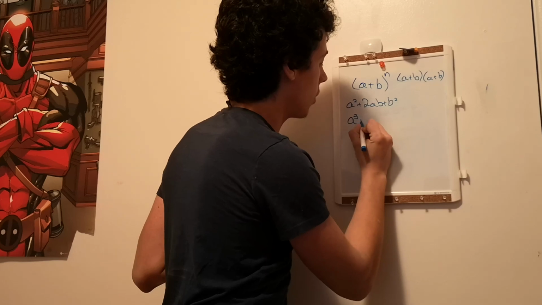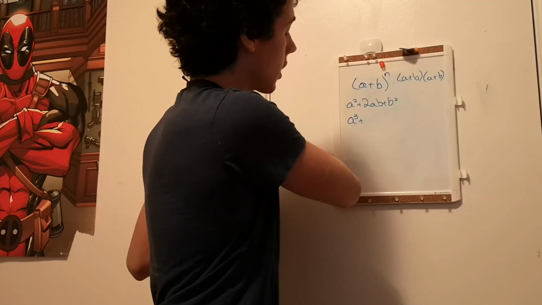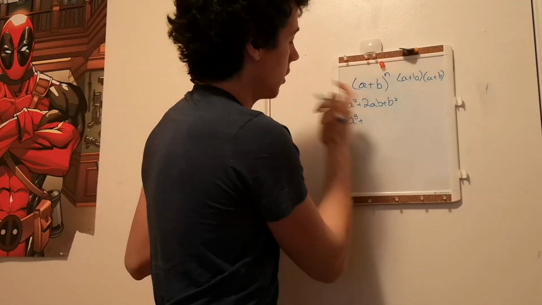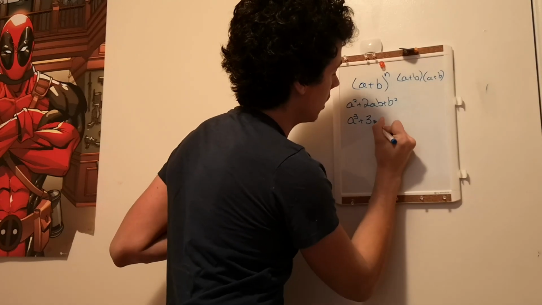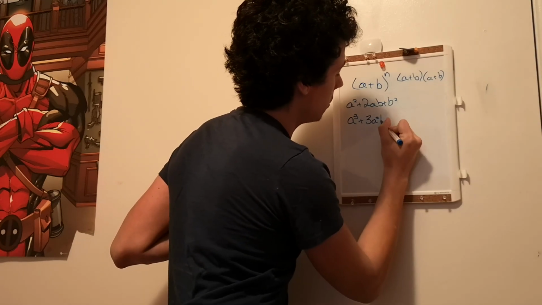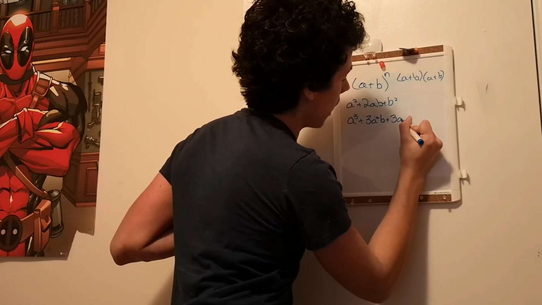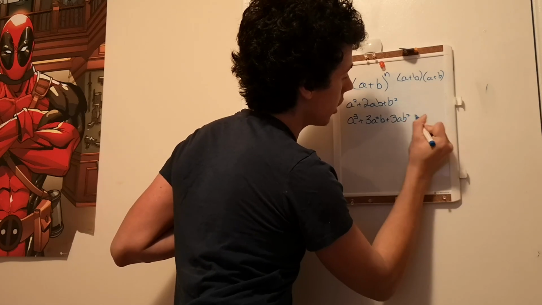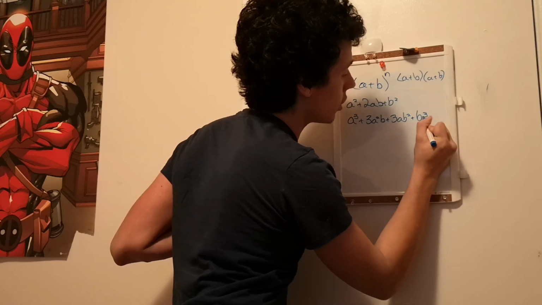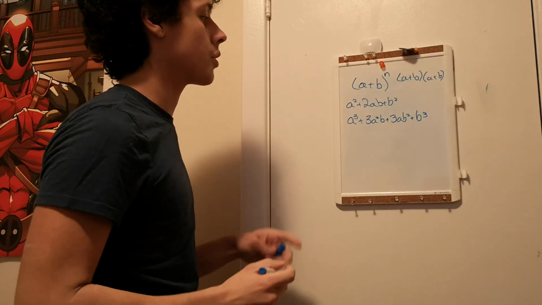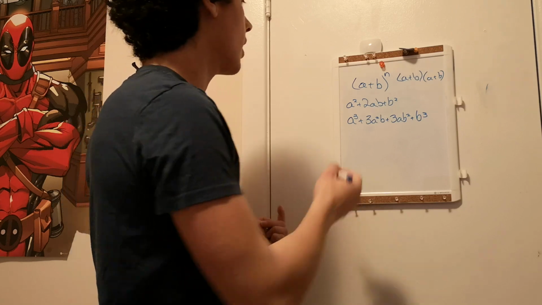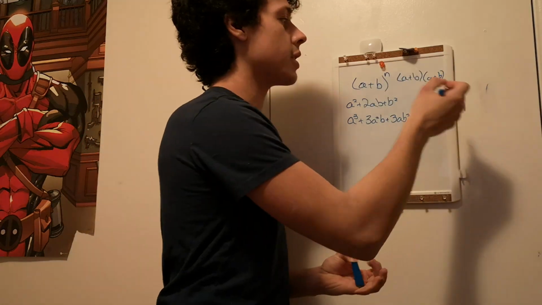So, 1, 3a squared b plus 3ab squared plus b cubed. Okay, so yeah, how was I able to expand (a + b) times (a + b) times (a + b)?